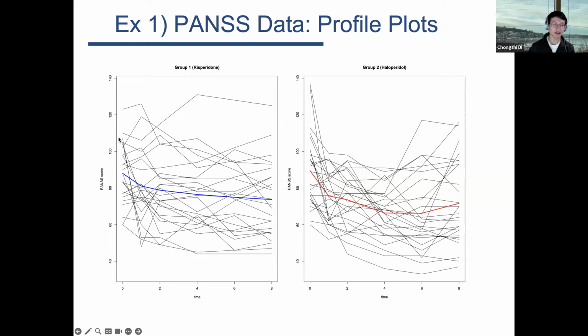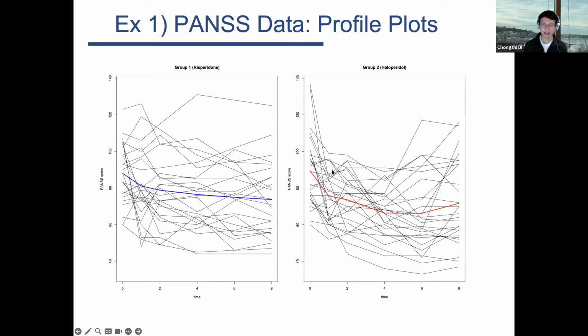Generally speaking, for most individuals the PANSS score becomes lower over time, meaning the drug is helpful for reducing symptoms. But you do see variations across individuals. This individual starts lower and gets even lower. This individual starts higher and also gets lower. But there are exceptions, like this individual, whose score gets lower after the first week but then increases in the following weeks.